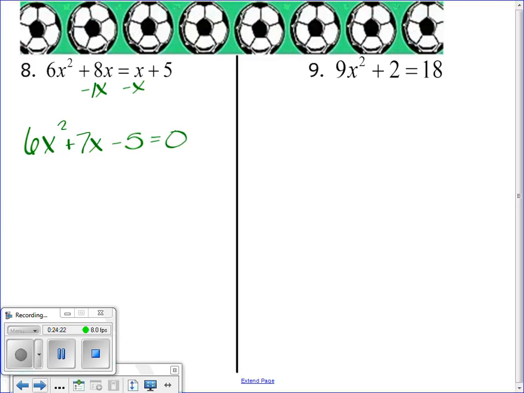All right. From there, Kelsey, is there a GCF? There is not. All right, so if there's no GCF, we'll go ahead and set up our parentheses. Sean, what are my signs? Good. Last one's negative, so they're going to be opposites.